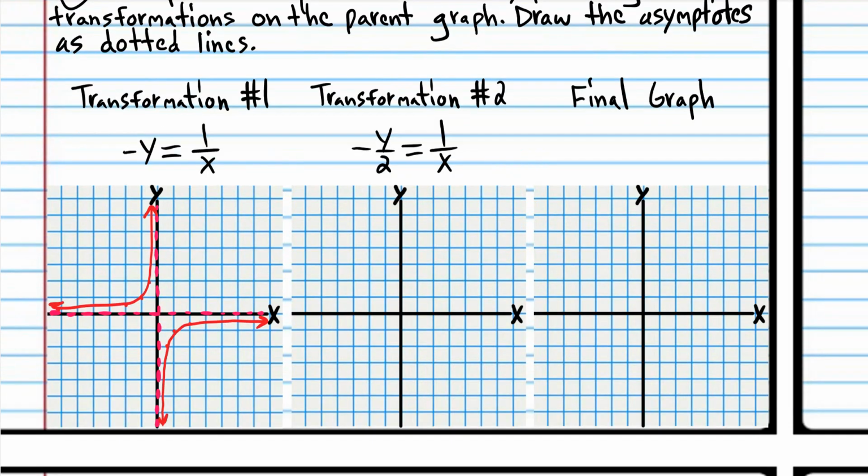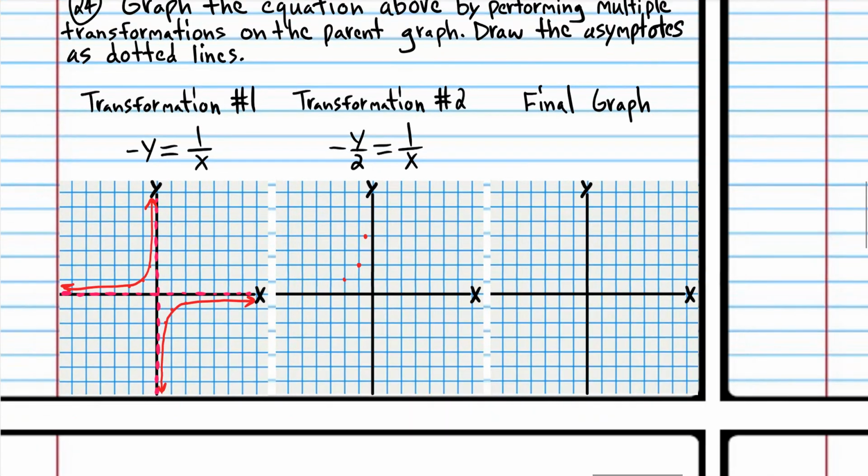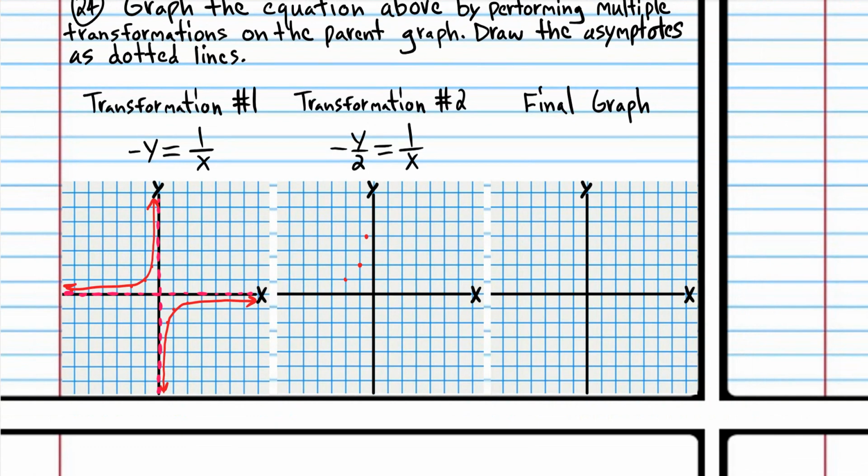So we have negative 1, 2, negative 1 half, 4, negative 2, negative 1, or negative 2, positive 1 that is. And 1, negative 2, 1 half, negative 4, and positive 2, negative 1. So I'm going to connect the dots. So again, we stretched vertically.